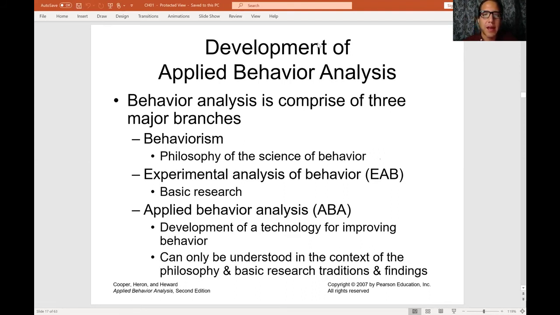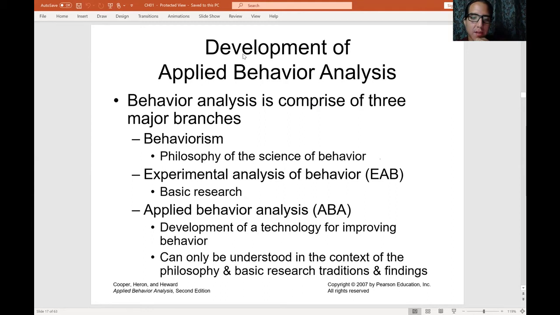The development of applied behavior analysis. So behavior analysis is comprised of three major branches, right? Behaviorism, which is the philosophy of the science of behavior. Experimental analysis of behavior, EAB, is the basic research.